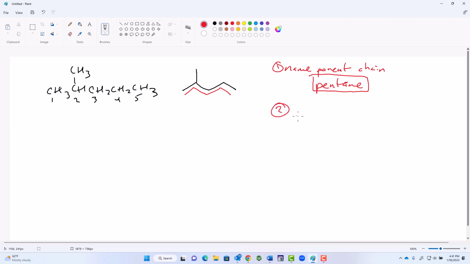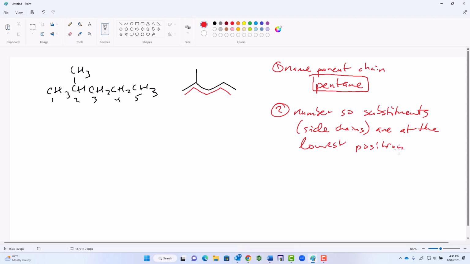The next step is we're going to number the substituents, meaning side chains or anything attached to the parent chain, at the lowest position. So what does that mean?